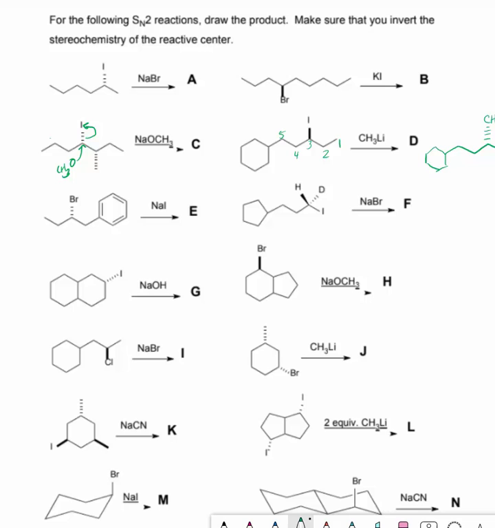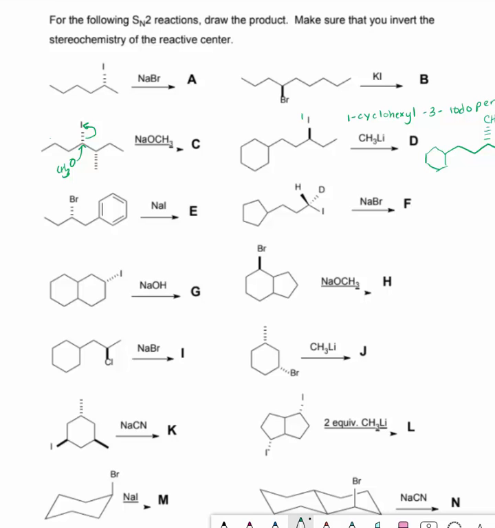So we would call this a pentane, and I'm going to number it the other way, so that I reduce the number of my substituents. So this is a 1-cyclohexyl-3-iodo pentane. That is my reactant, but I do have some stereochemistry I need to take into account.